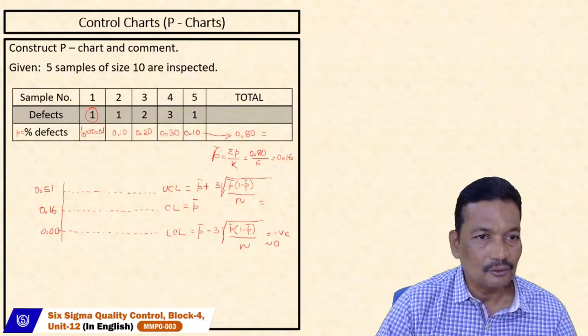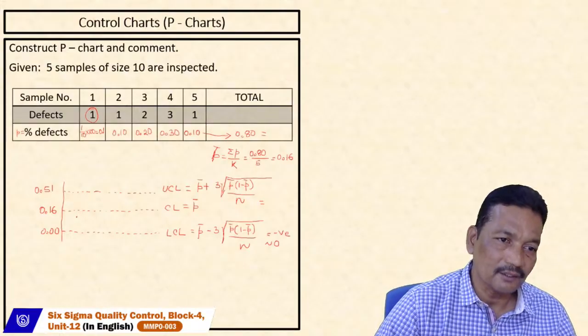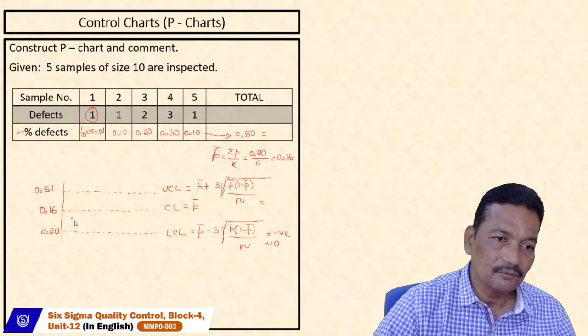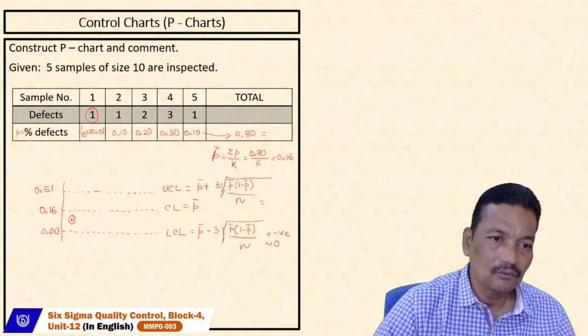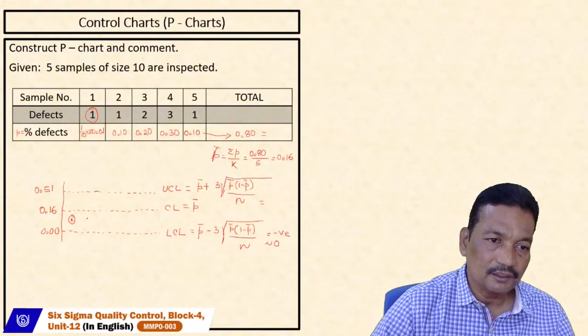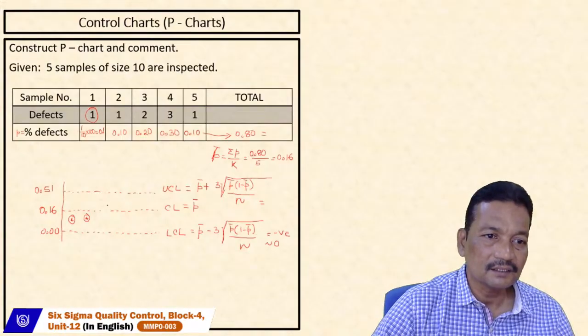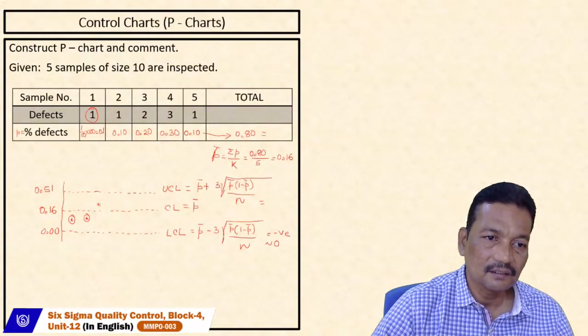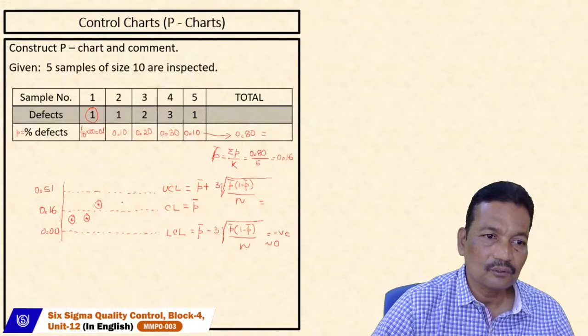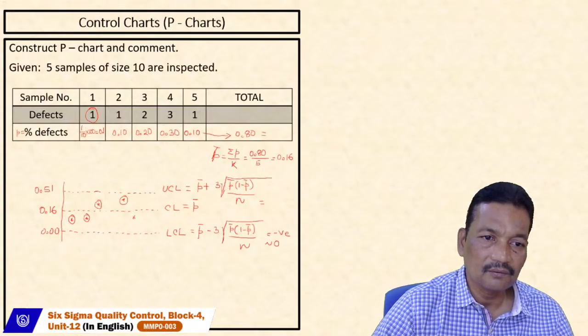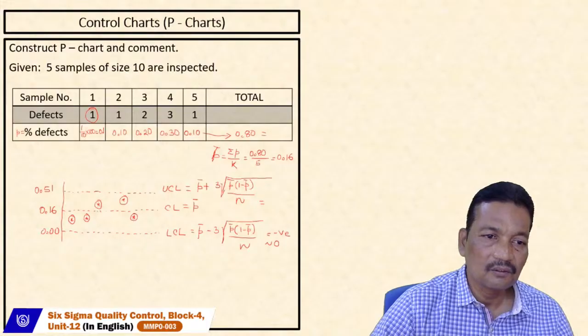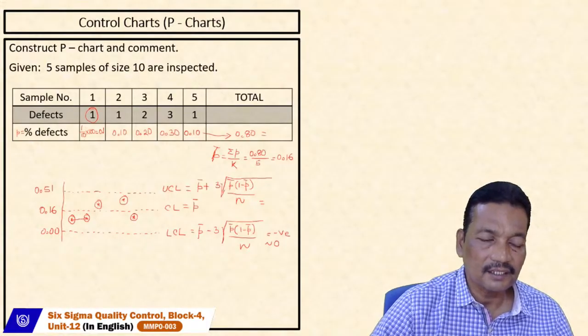So now we go on to plot the values. The first value, the second is also the same, third, fourth, and fifth again, and they are joined by a straight line.